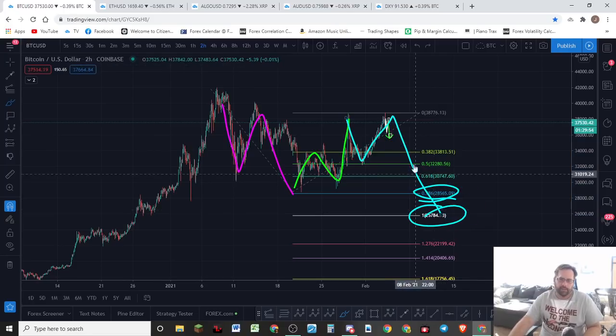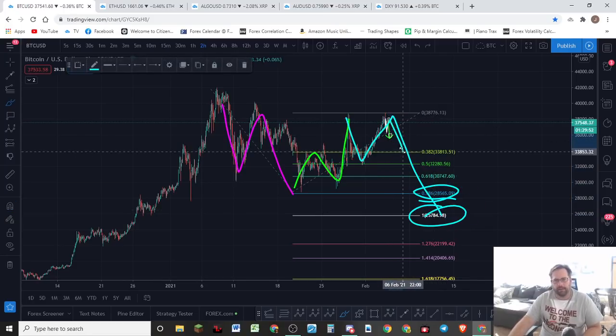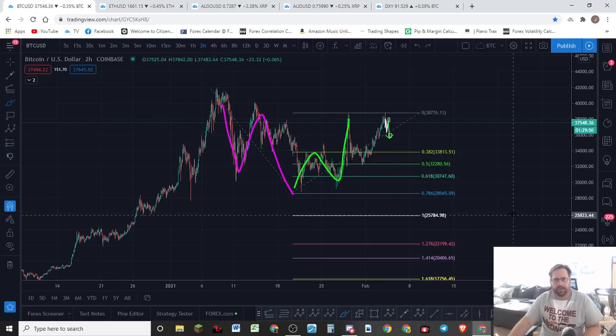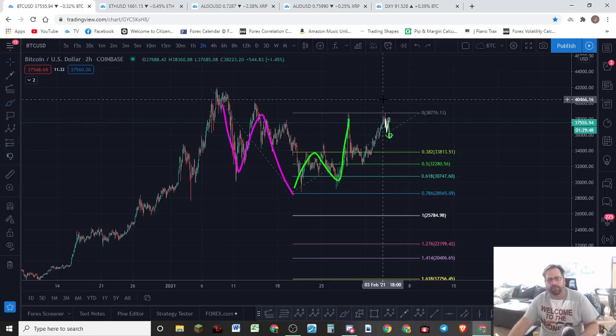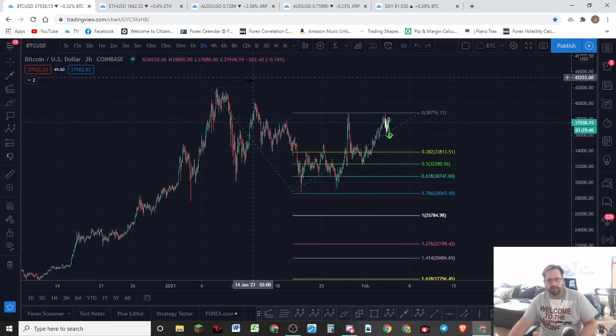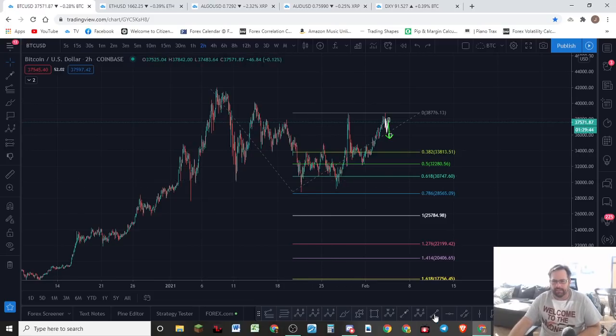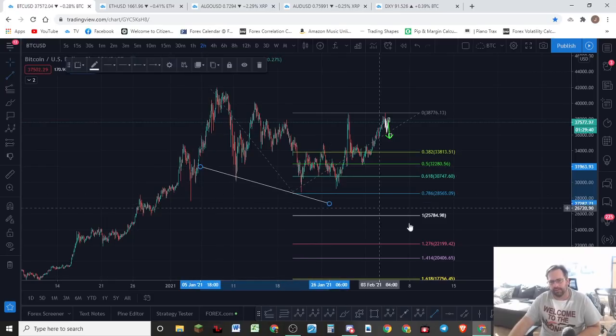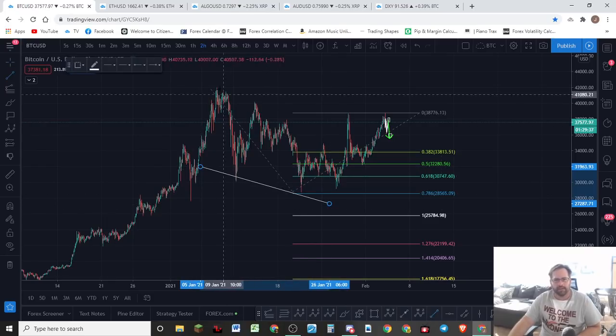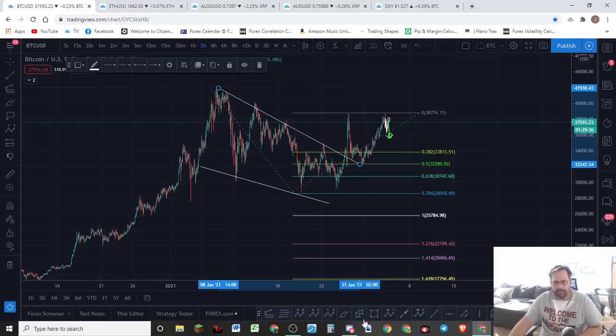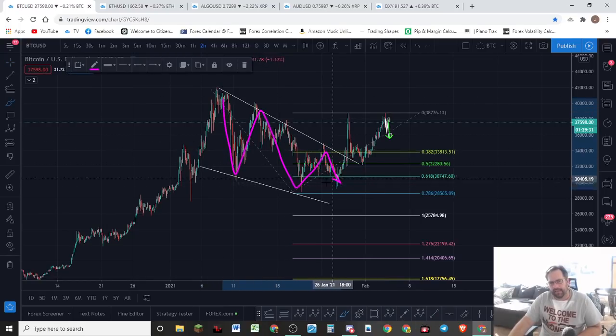Okay, so if price doesn't come down here at all, and it just comes back in the alternate view, if this is incorrect, this is some kind of a triangle, which I do not like. I don't like this count at all, but I'm going to allow it. Some kind of a triangle right there, where we have A, B, C, D, E. The E is truncated.